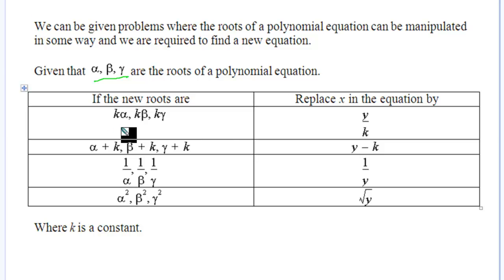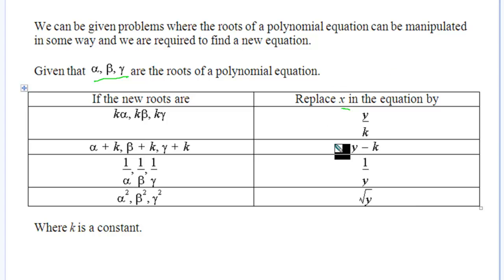So we're going to replace x in that equation. If it's k times alpha, beta and gamma, we're going to replace x by y on k. If it's plus k, we substitute y minus k. If it's 1 on alpha, 1 on beta, 1 on gamma, we replace it with 1 on y. And if it's the square of all those, we replace it with the square root of y.